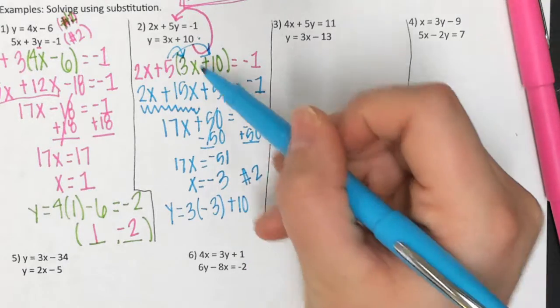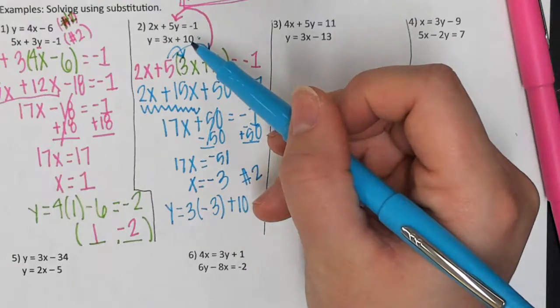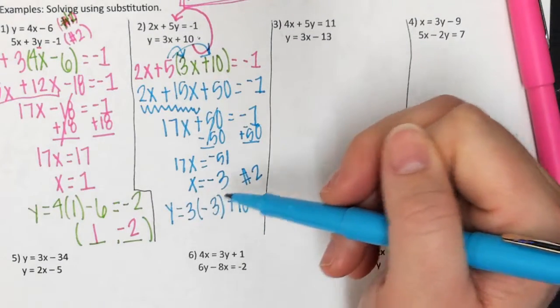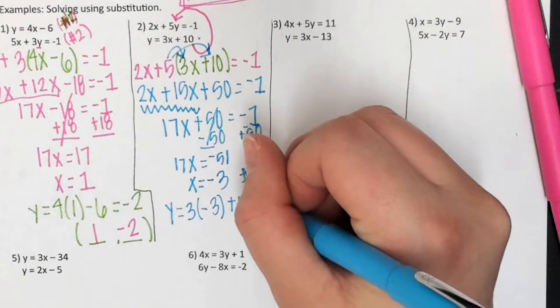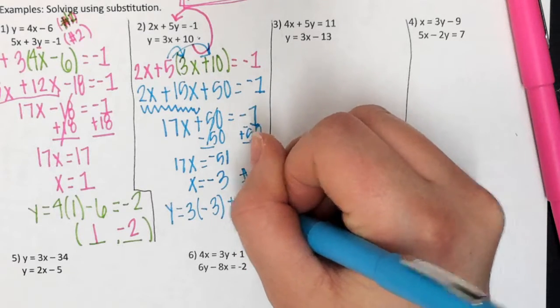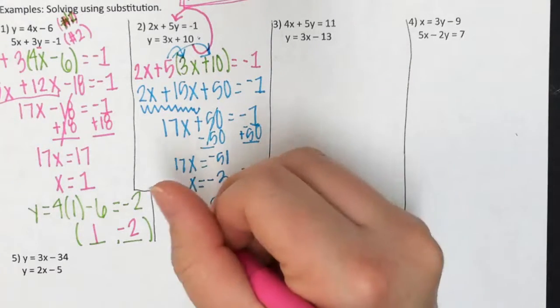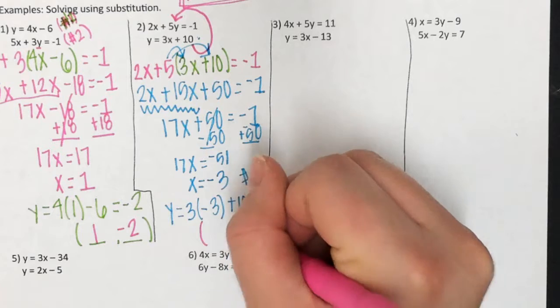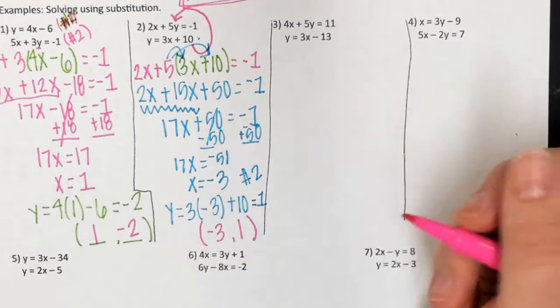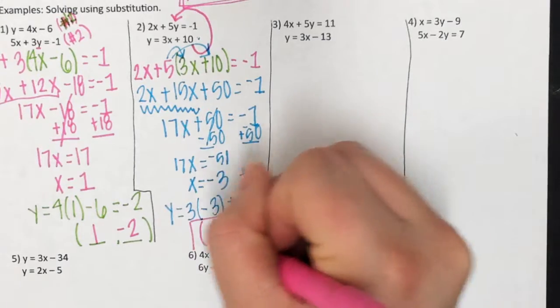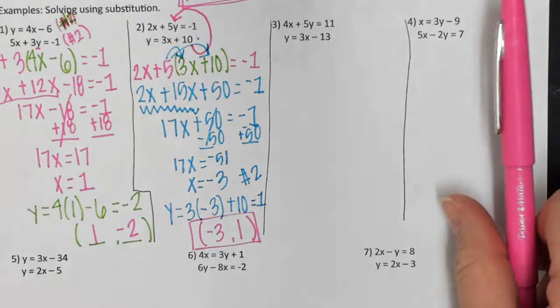So I just plugged it into equation number 2. And 3 times -3 is -9 plus 10, 1. So our ordered pair, -3, 1. Yes. What if it's not in like order?